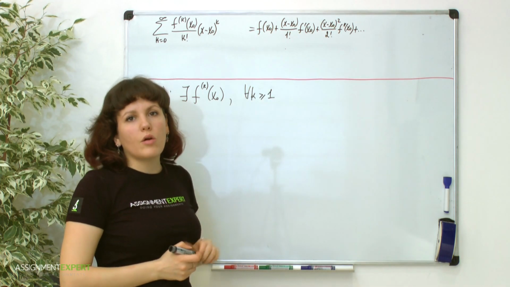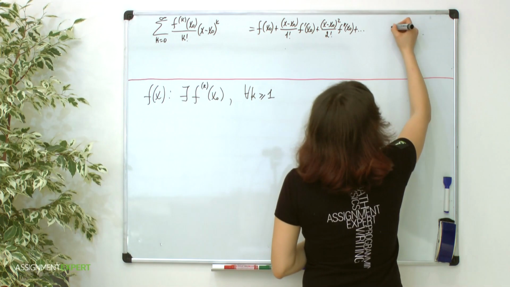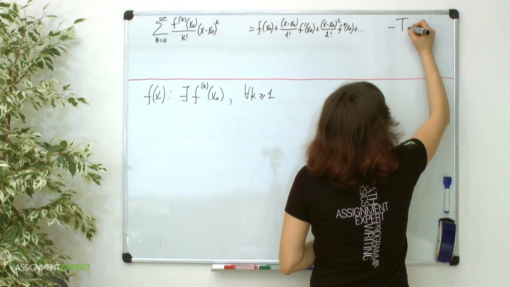And this series is called Taylor series of function f of x at the point x0.